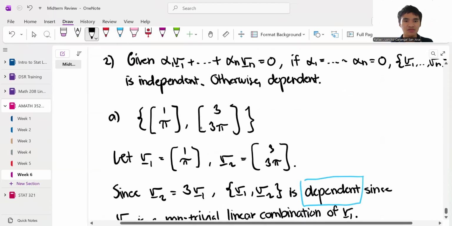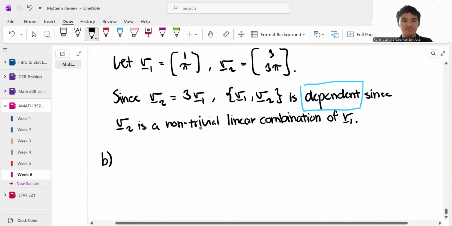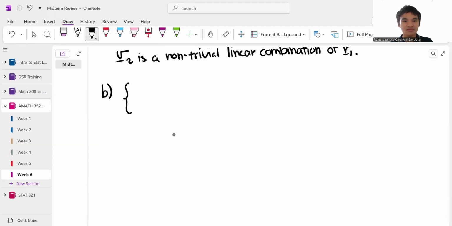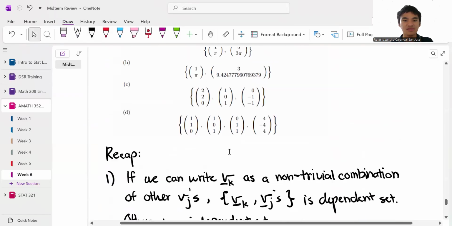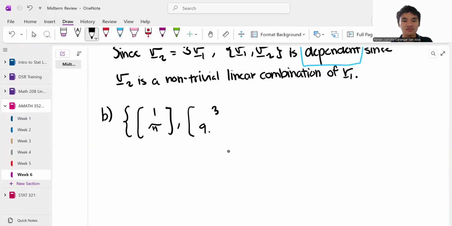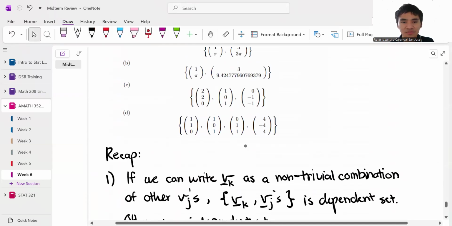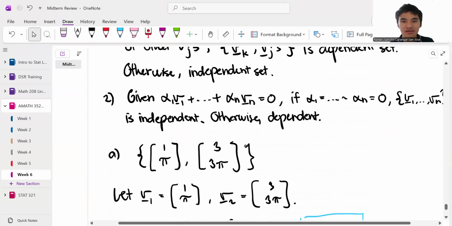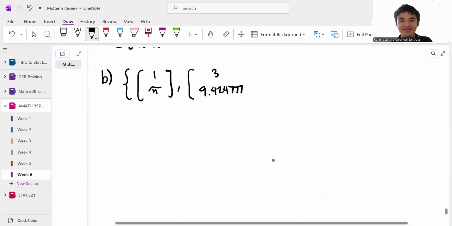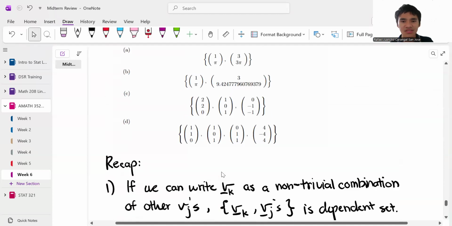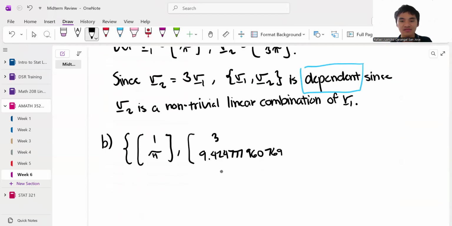Okay, let me try B. Oh, goodness me. So B here has a very big number. We have 1 pi, and we have, I think this was 3 and 9 point something. Oh, goodness me. Okay. 9.424777. I'm lazy, so I'm going to use a variable. 960769379.